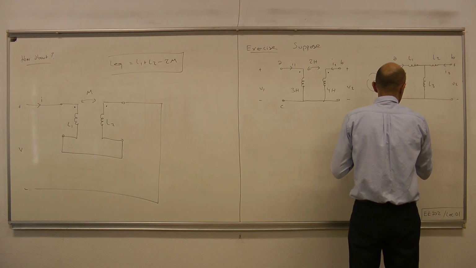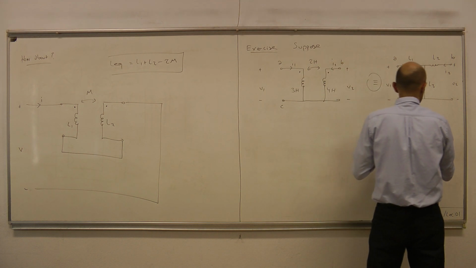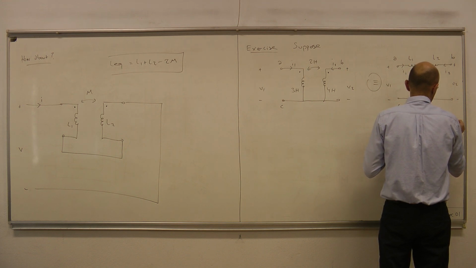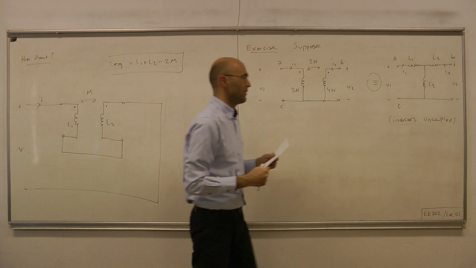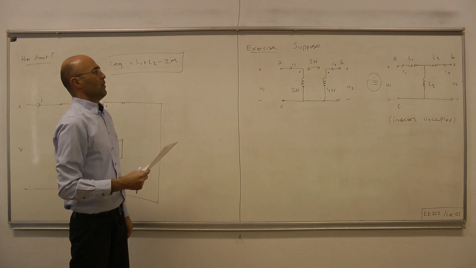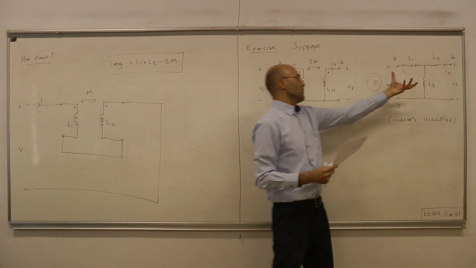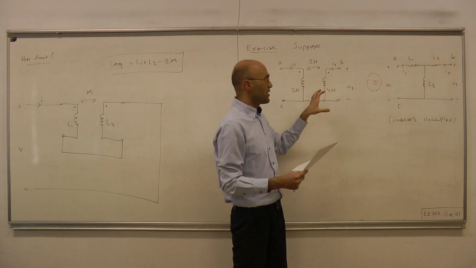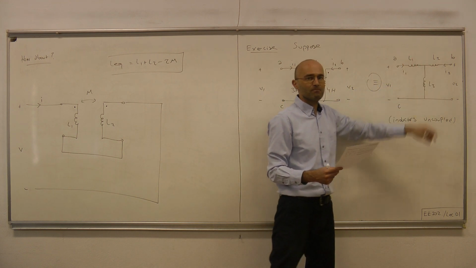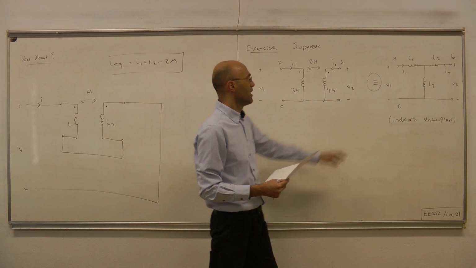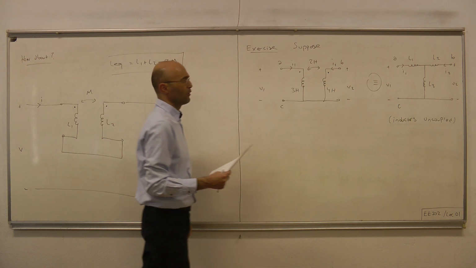Here, inductors are uncoupled, so we don't have any dots anywhere. Through writing terminal equations here and terminal equations here, it's very easy to figure out what L1, L2, and L3 should be.